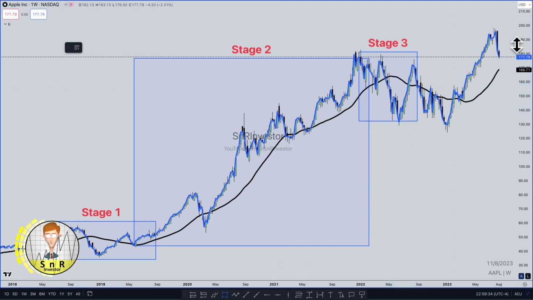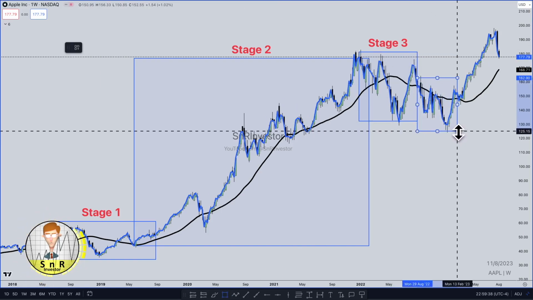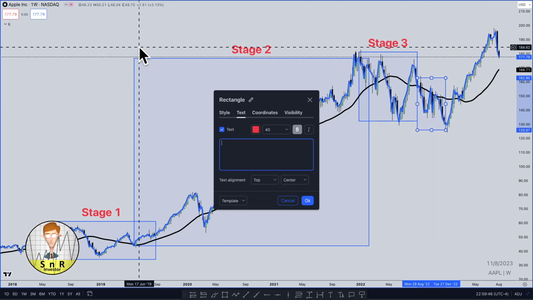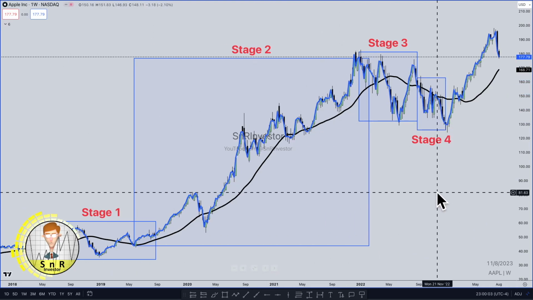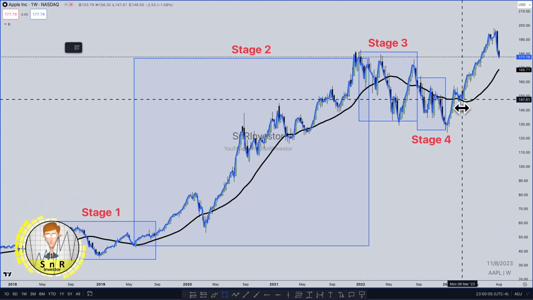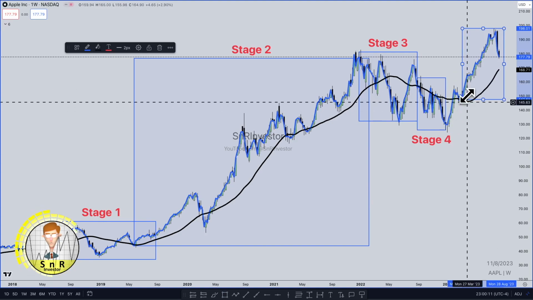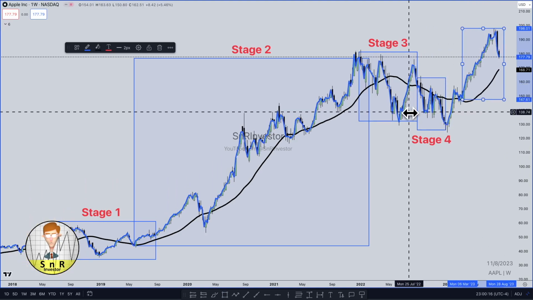And then possibly a very short stage 4. And now we are in possibly a stage 2 over here with a very minor stage 1.